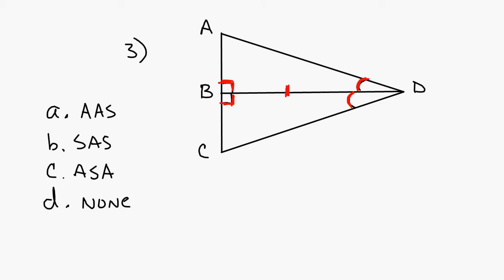They share side BD. They both have 90-degree angles that touch the side, and they both have other congruent angles that touch the side. So by angle, side, angle, the two triangles are congruent. So that's answer C. Angle, side, angle. The side has to touch both of the congruent angles.